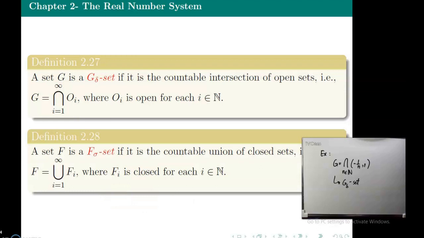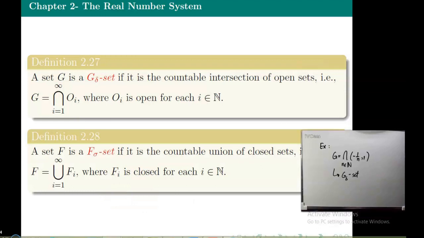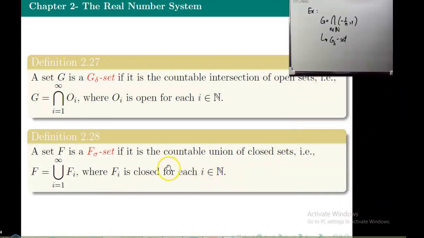So another definition here is for the F sigma set. Again, a countable union of closed sets is one of the examples of Borel sets. A set F is an F sigma set if it is the countable union of closed sets.